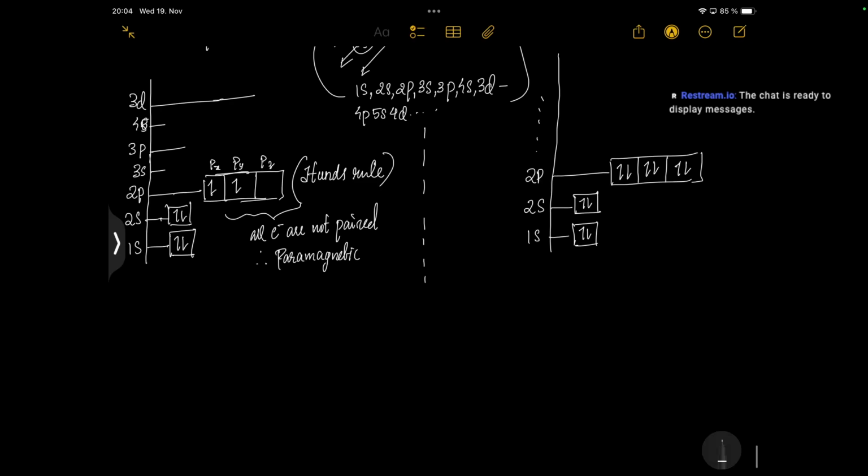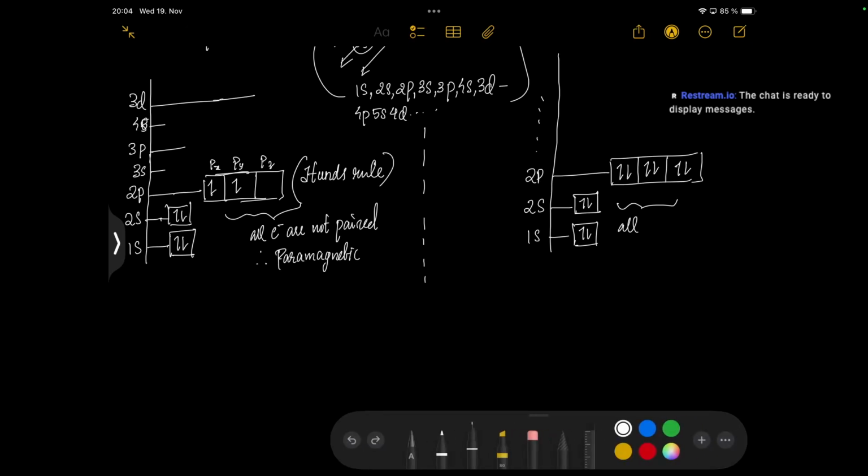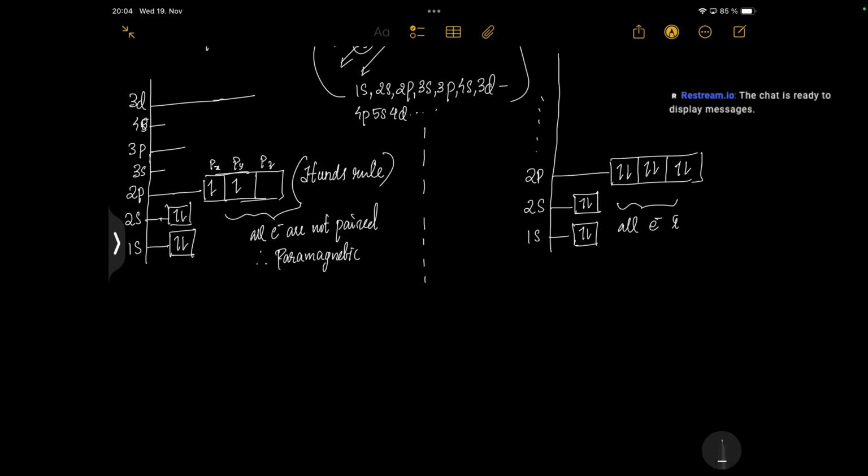But in the case of neon, all the electrons in the outer shell are paired. It shows diamagnetism.